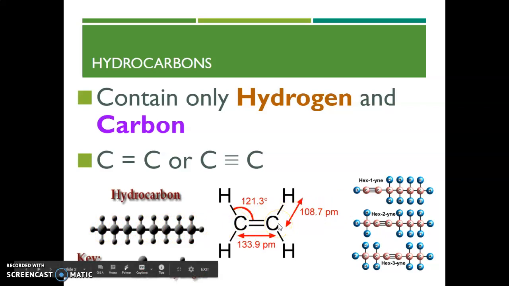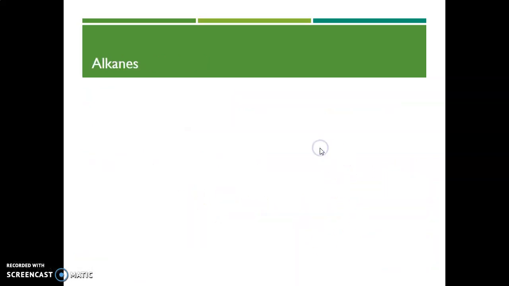And remember, we're only talking about carbon to carbon bonds. Hydrogen can only form single bonds, all right? And then in this last one, we have some triple bonds between the first and second carbon. But again, you'll notice that we only have carbons and hydrogens in all of these hydrocarbons.